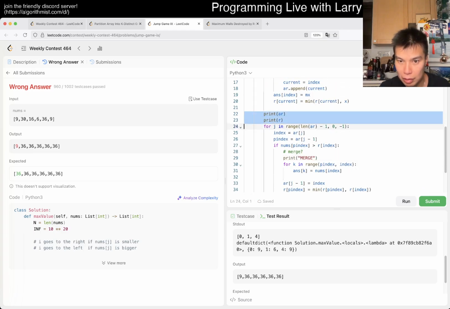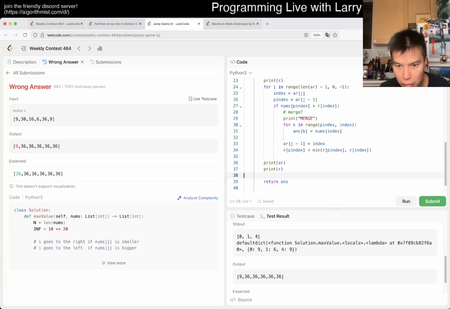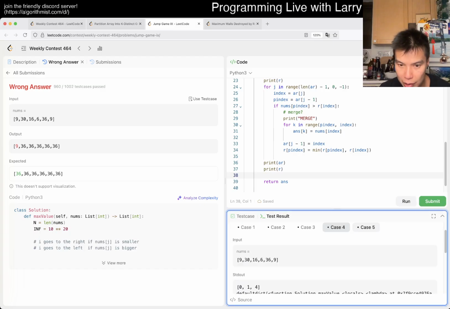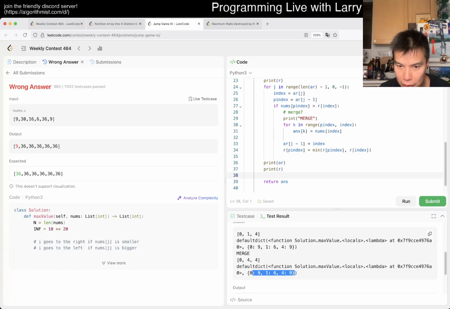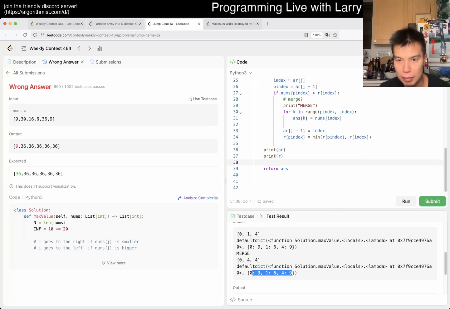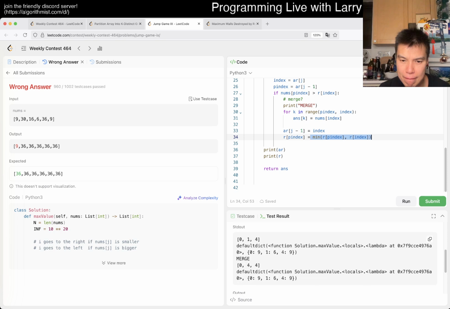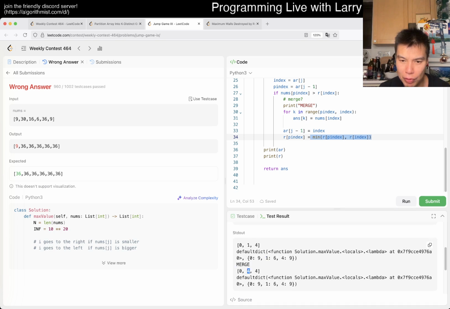So I don't know, something's not merging quite right. There is a merge. We go to this, it doesn't seem to. Well, I mean, I guess we have to also min the other number. Maybe that's why. Merge, it goes 4, 4 to 4.